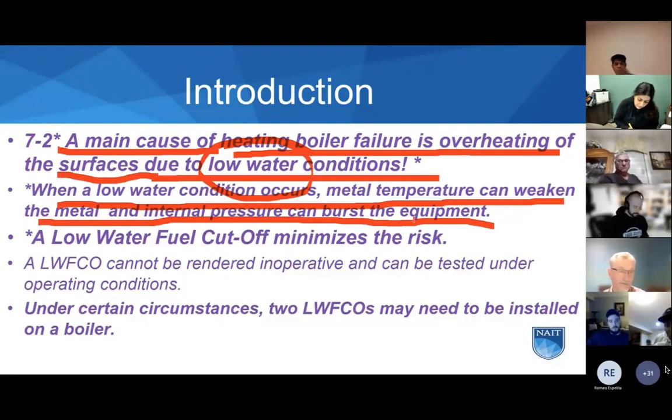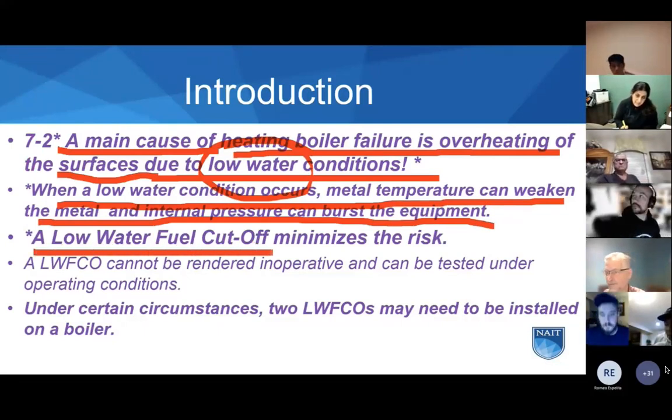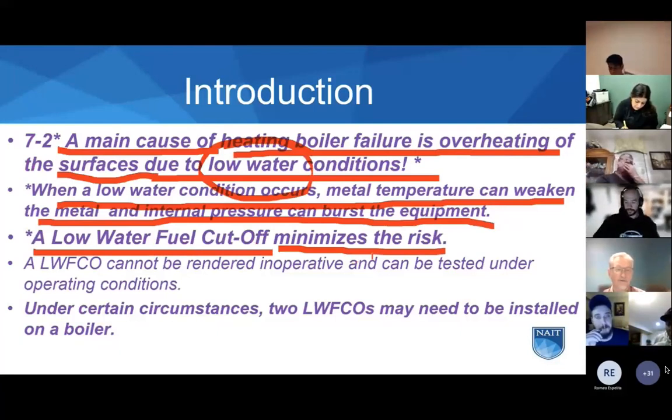Your boiler will be out of commission, at least that boiler, if not all the boilers, because of the incident where we looked at that video. And so we're going to talk about low water fuel cutoffs and some other things tonight. This chapter is low water fuel cutoffs to minimize this risk, okay? If water gets too low and our fuel is shut off, we're in a condition where we can't blow up the boiler, okay?